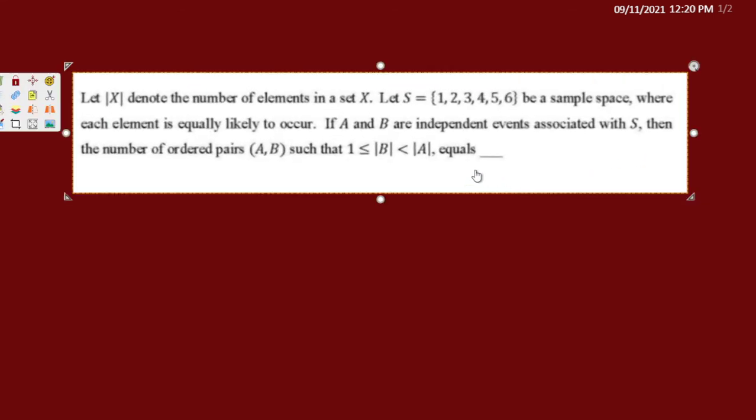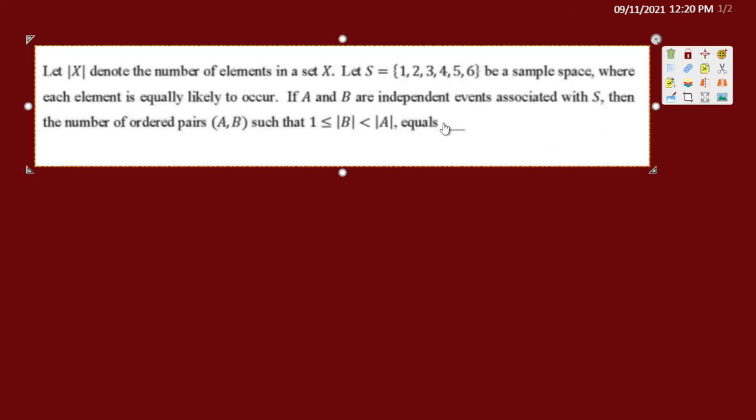If I look into that problem, yeah, this as such is not required. Let me just run through the problem and then I'll explain. X is the number of elements in a particular set, and we have 1, 2, 3, 4, 5, 6 elements as the sample space.